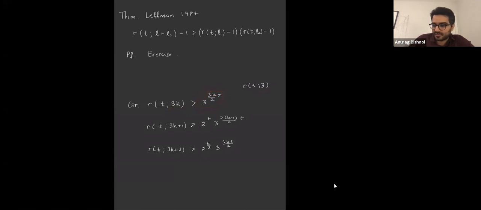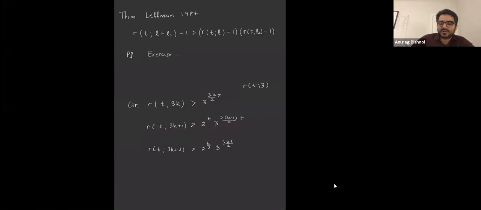Similarly, if you have 3k plus 1 colors, then you can write this as 3 times (k minus 1) plus 4. So you can take the Ramsey number with 3 colors k minus 1 times and the Ramsey number with 2 colors twice to get this bound.